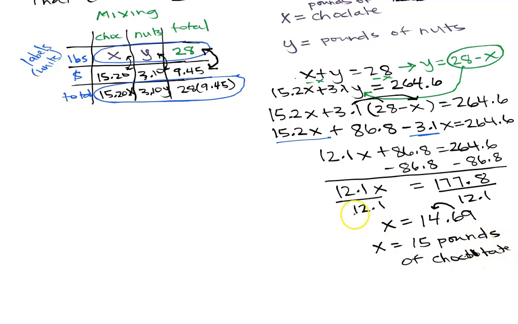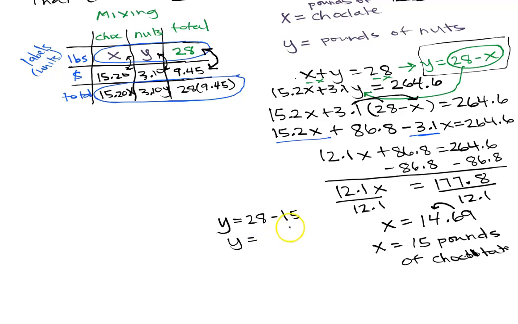Okay, chocolate. And then what do I need to do to find the pounds of nuts? You can plug it in from that x plus y equals 28. Yeah. And I mean, you could go to this one where we got y by itself already, right? But either way, you're going to get the same thing. y equals 28 minus 15.